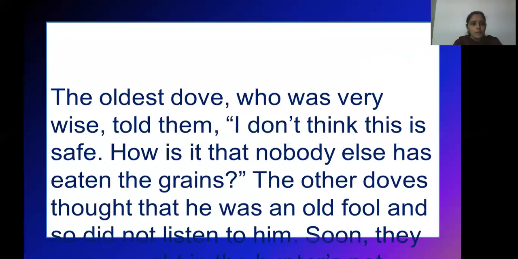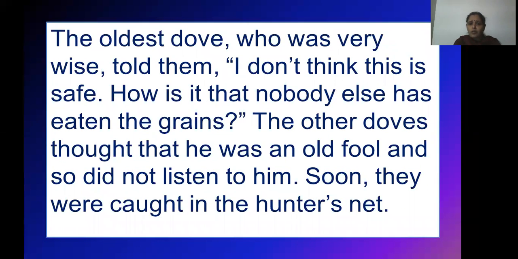The oldest dove, who was very wise, told them, "I don't think this is safe. How is it that nobody else has eaten the grains?" The other doves thought that he was an old fool and so did not listen to him. Soon they were caught in the hunter's net. Okay, understood till here?